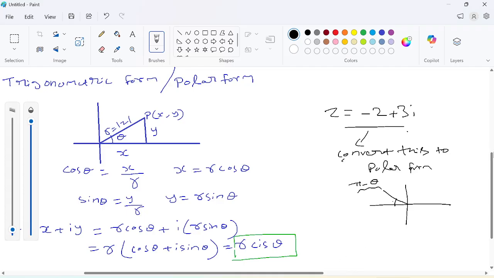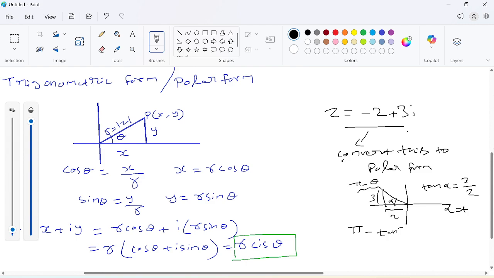Here this part is 2 and this part is 3. So what is the principal argument? If this angle is alpha, tan alpha is opposite side by adjacent side, which is 3 by 2.